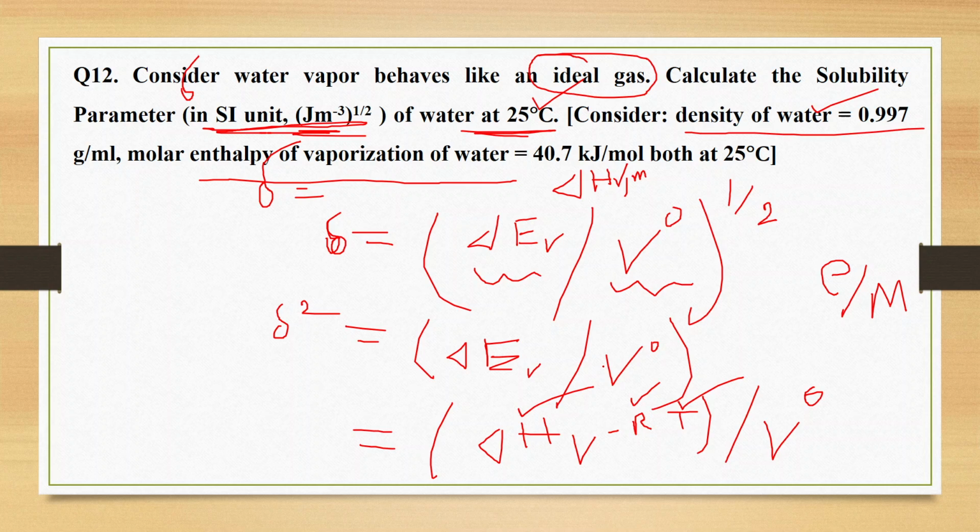Then put the value for R in SI unit. Temperature doesn't matter. And in case of rho by M, make sure you put the value for rho in kg per meter cube instead of gram per cc, and the mass of water is also in kg.